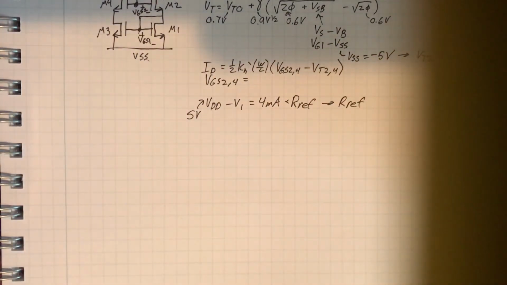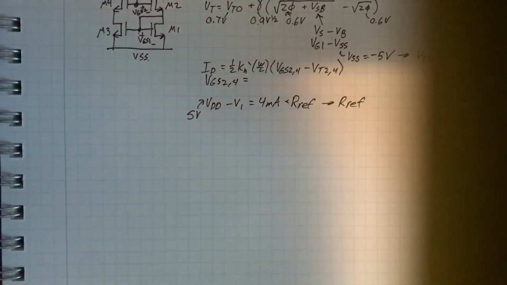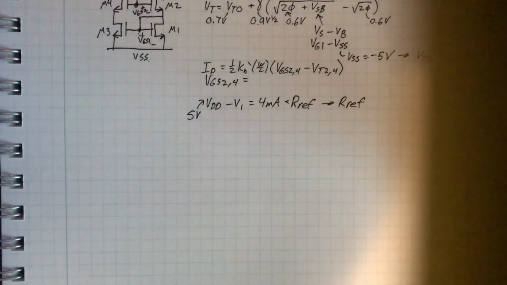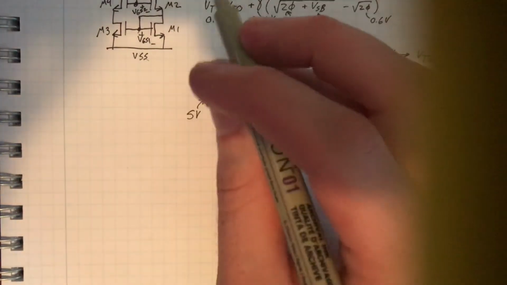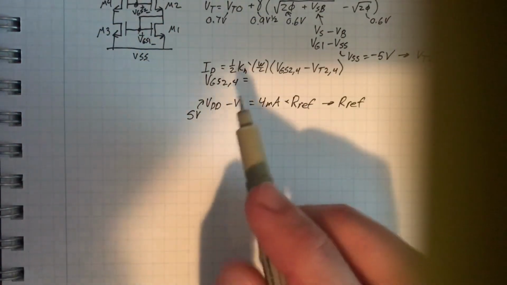Alright, there's one more calculation we have to do, and that is to figure out the maximum load. The maximum load will drive the output transistors into triode, which is not where we want them to be if you want high output resistance. So let's start with the simple source.